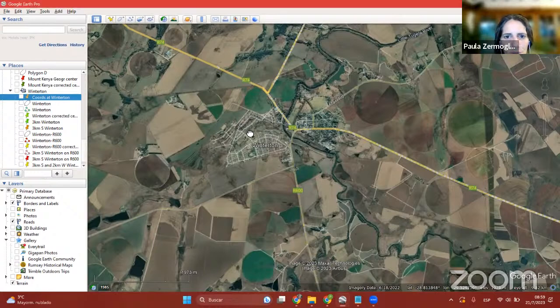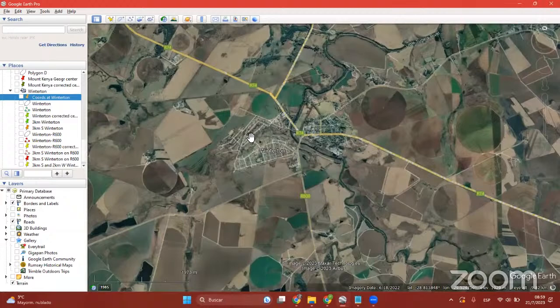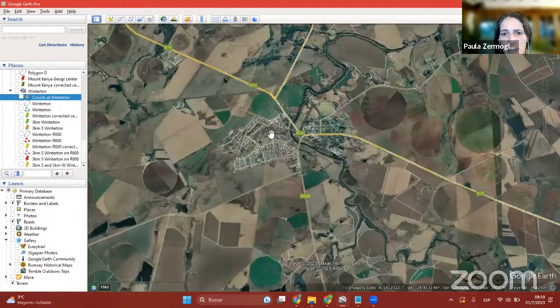What should we do here to georeference that? We have to get the geographic center and the corrected center. Then we can draw our circle and get the radius and proceed. Exactly. That's what we want to get. We want to get the corrected center and the radial.